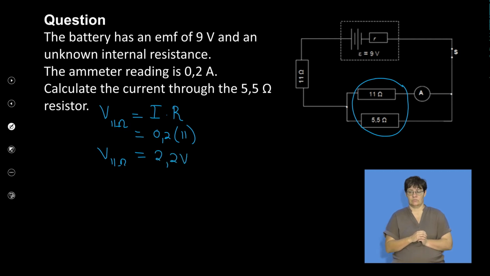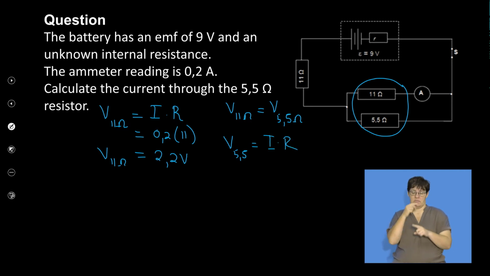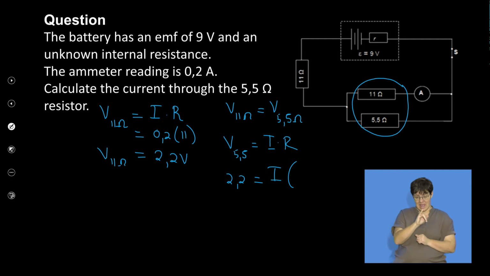So the voltage across the 11 ohms is equal to the voltage across the 5.5 ohm resistor. Why is it so? Because these 2 are connected in parallel. So V across the 5.5 ohms is equal to current multiplied by resistance. That V is 2.2, and we're looking for the current through the 5.5 ohms.